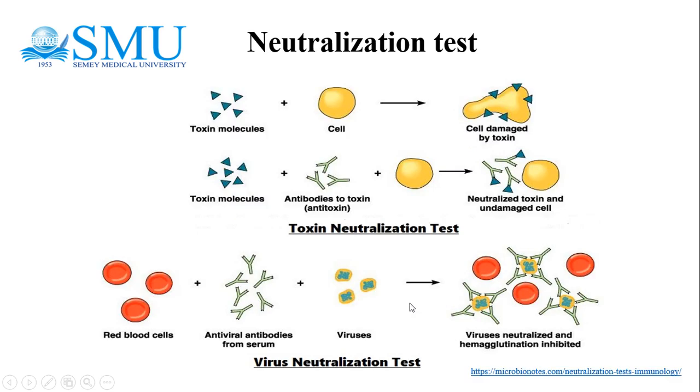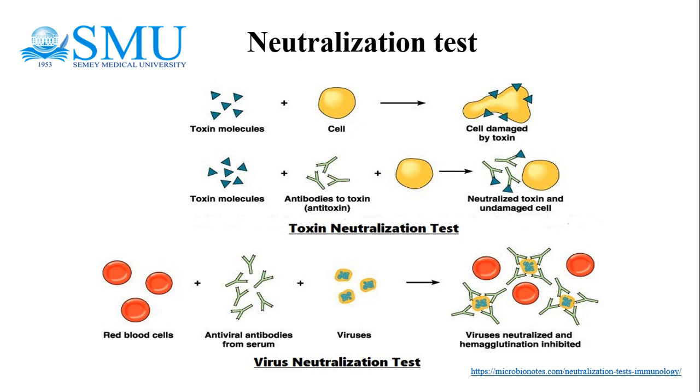Next is the neutralization test. There are two types: toxin neutralization test and virus neutralization test. Neutralization tests are performed in vitro at cellular level, including cells in the form of organs, and at subcellular level.